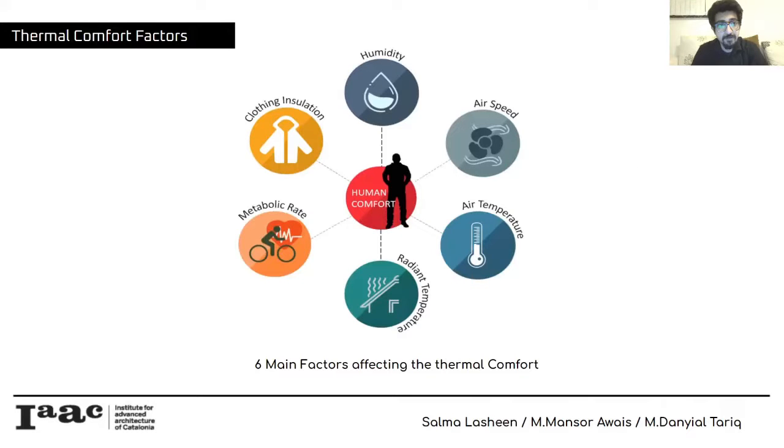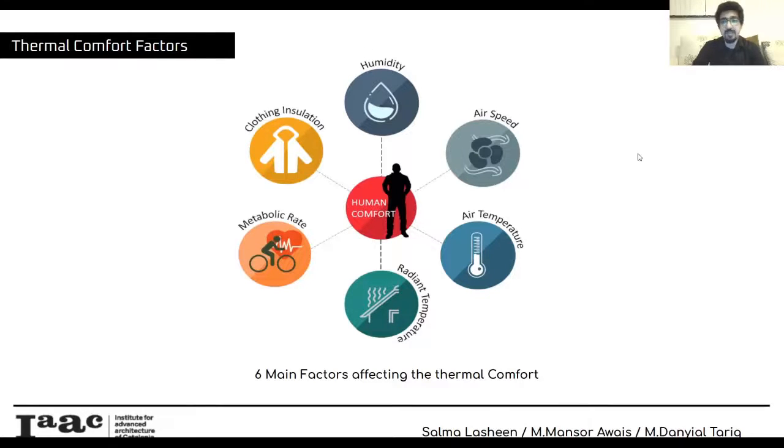For the thermal comfort factors, basically, which can help us to assess and also help us in designing: although it's different from person to person, even with respect to the ASHRAE definition, at the same time there are factors which trigger thermal comfort, which include clothing insulation, for example the R value of the clothing, humidity, air speed, air temperature, then radiant temperature.